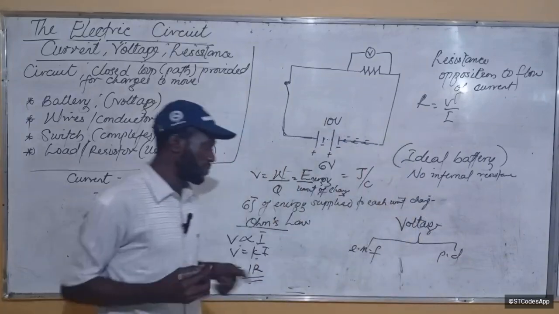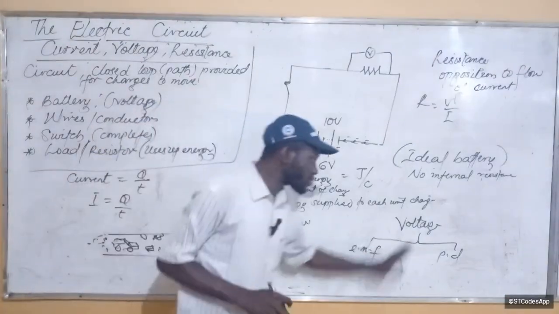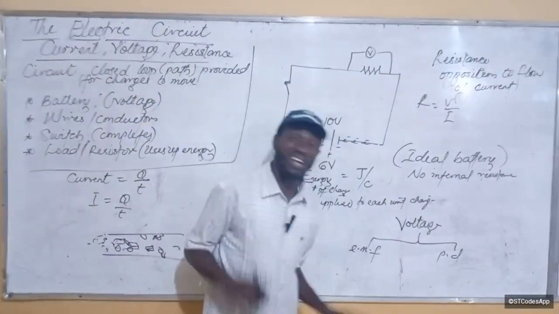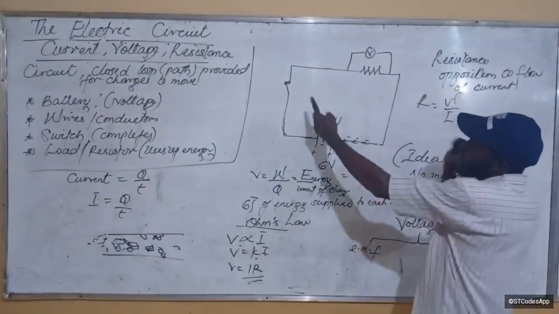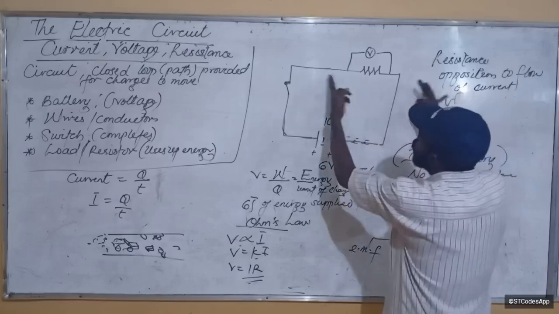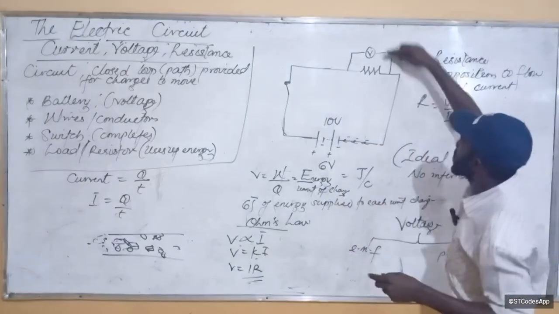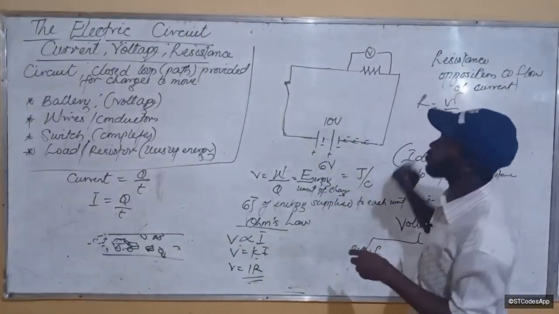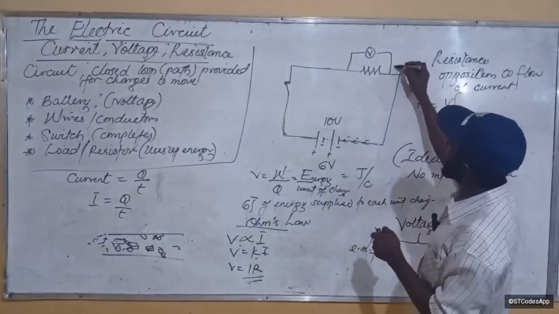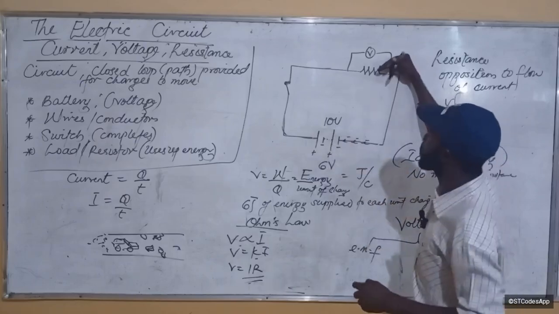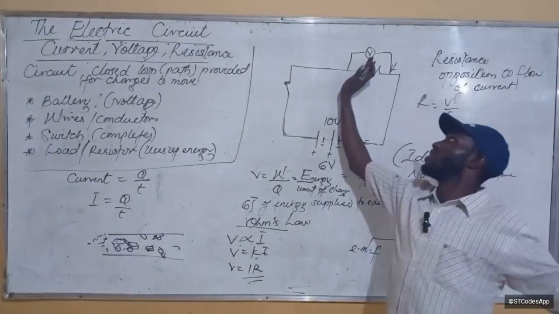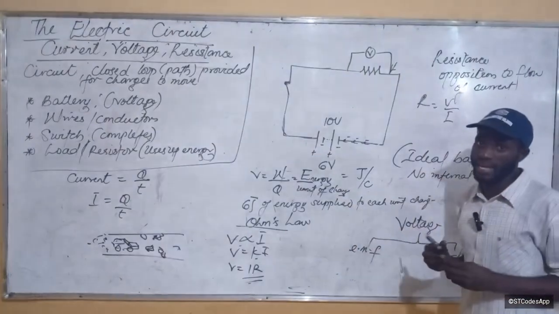Now, what's the difference between them? They both refer to voltage, but potential difference is the voltage difference across two points. So that's why we connect a voltmeter across the resistor, to measure the energy provided for an electron at this side of the circuit relative to the energy the electrons have at this side.